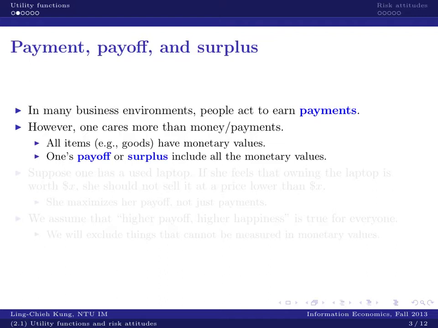So I won't always want to sell my televisions or cell phones to someone else to get payments, because at the same time, I care about my payoff or surplus, which includes the monetary values of the products I own.